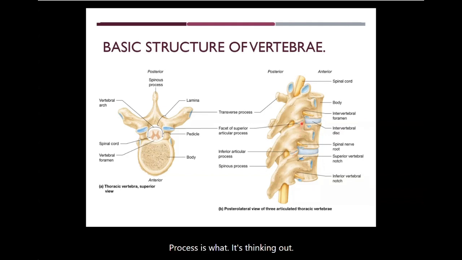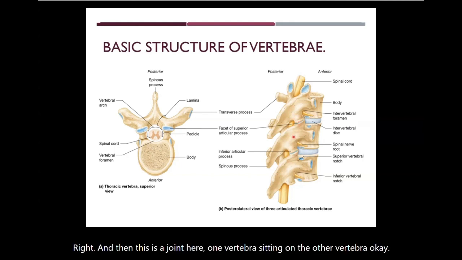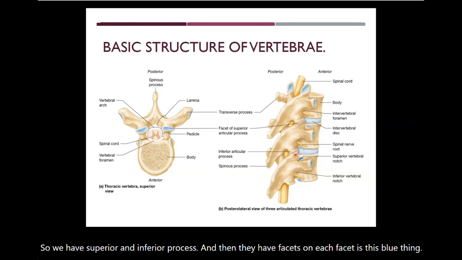Process is what? It's sticking out, right? And it's also connected by a joint to something else, right? This is a joint here, one vertebra sitting on the other vertebra, okay? So we have superior and inferior processes, and they have facets on them. Facet is this blue thing, and they sit on each other, okay?